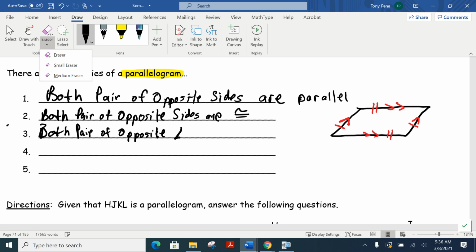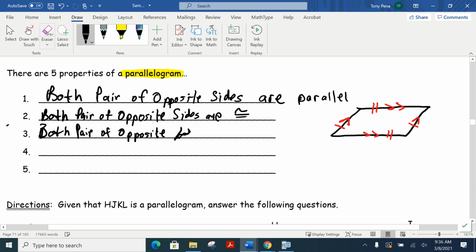Both pair of opposite angles are congruent. So think about what that means. If I label this angle 1, angle 2, angle 3, angle 4, angle 1 should be congruent to the angle that is opposite of angle 1. Opposite meaning across from it.